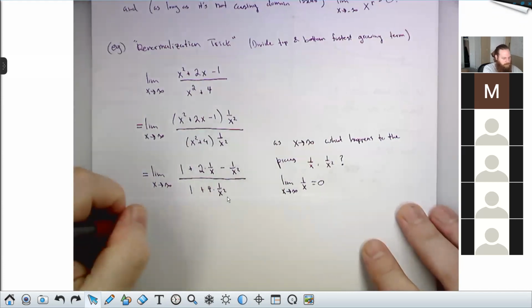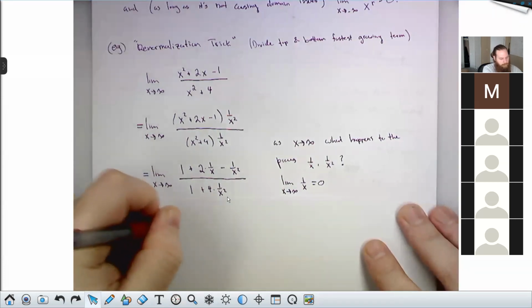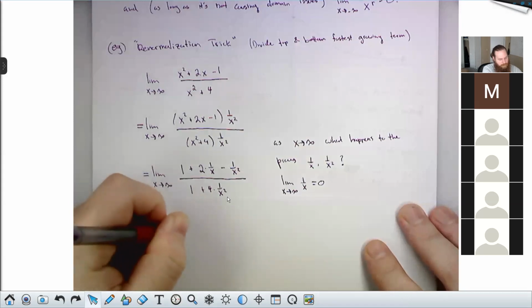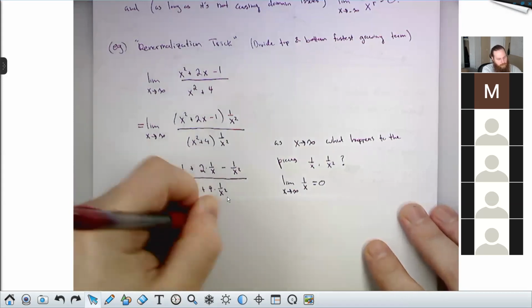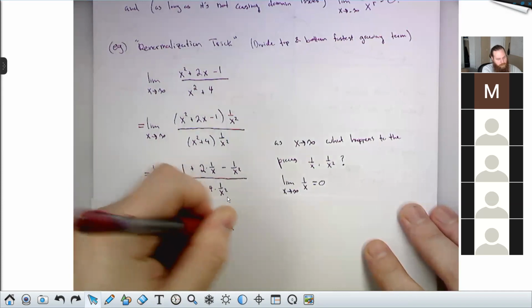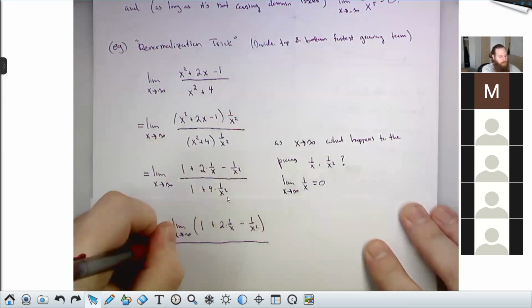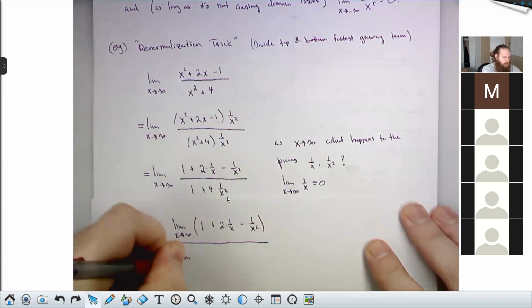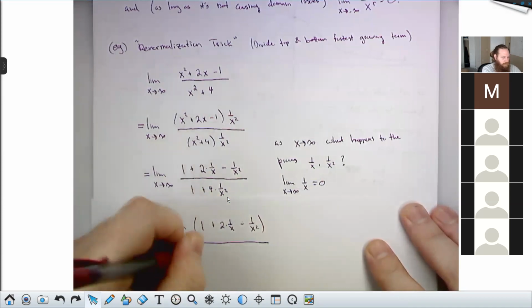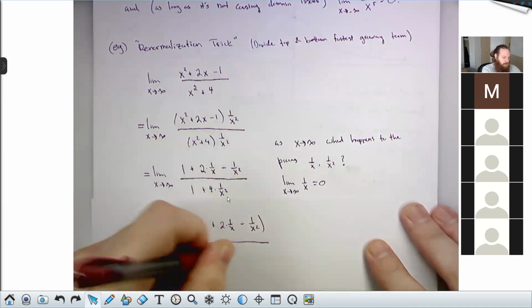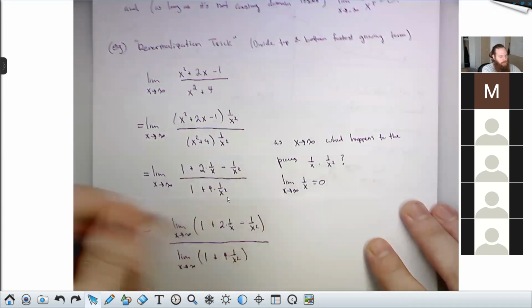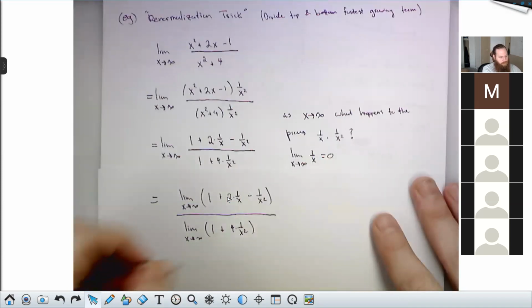We can split the limit top to bottom: limit as x goes to infinity of 1 plus 2 times 1 over x minus 1 over x squared, all divided by limit as x goes to infinity of 1 plus 4 times 1 over x squared. And then I can give the limit to each of those pieces on their own.